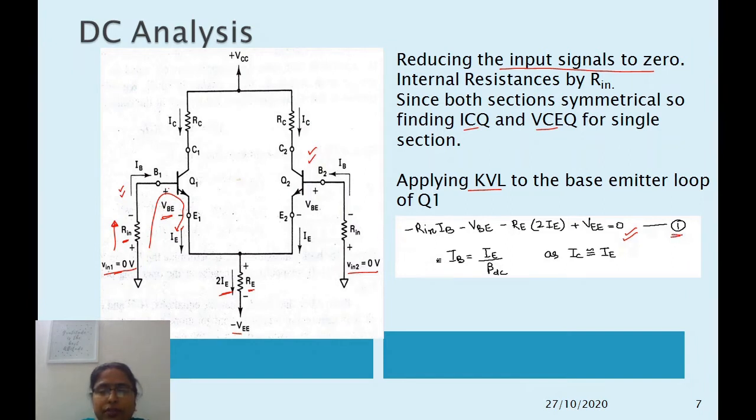Also the relationship between IB and IE is that IB is equal to IE upon beta DC, and IC is approximately equal to IE.